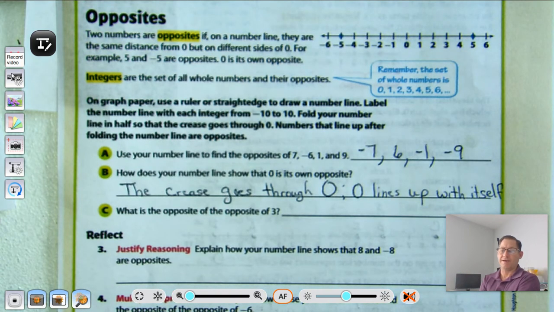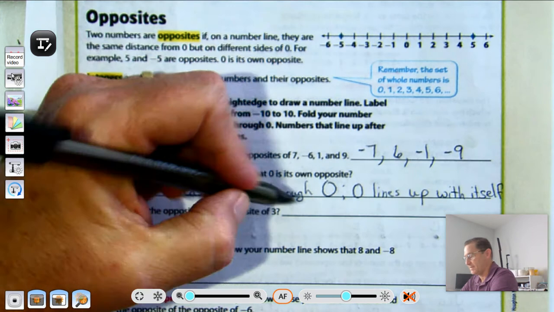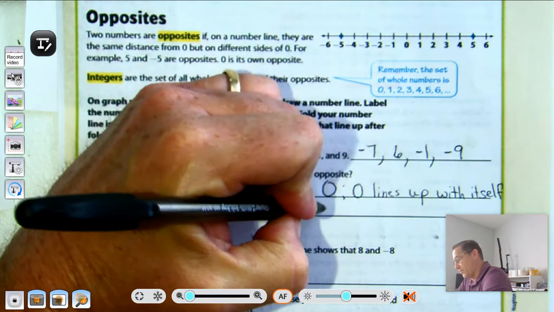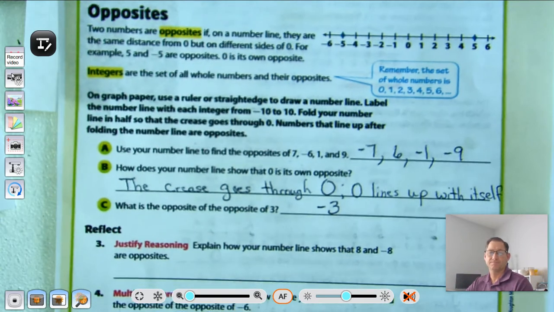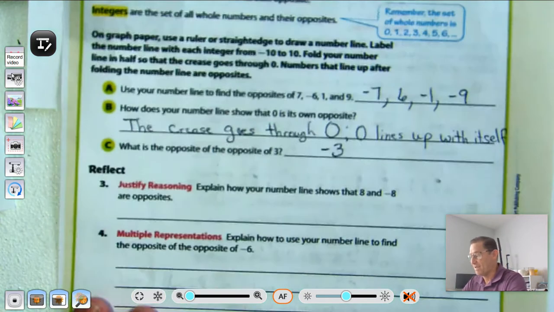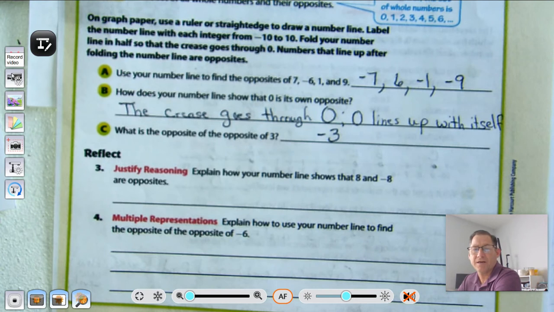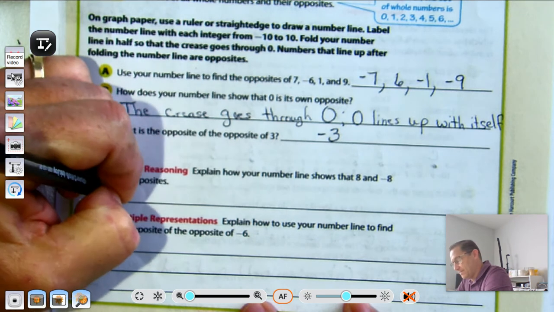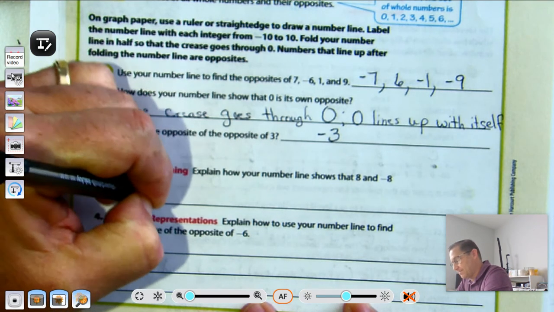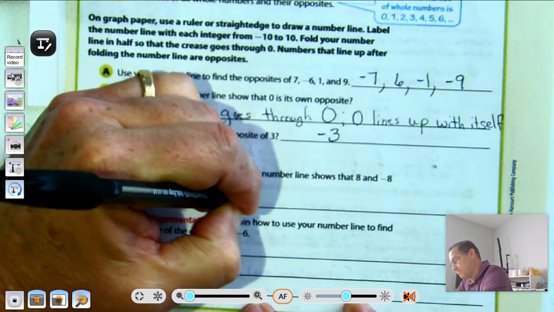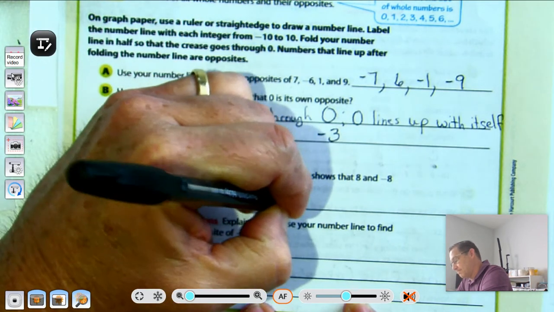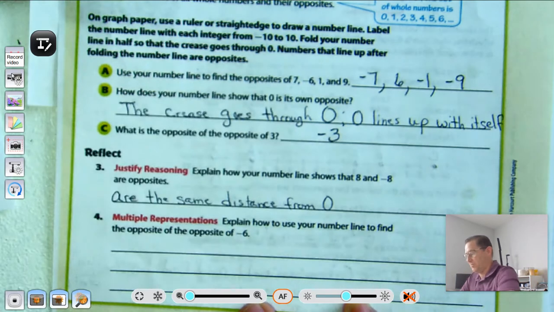What is the opposite of 3? Well, this is positive 3, so we know its opposite is 3, but with a negative. Simple as that, guys. Okay, so justify reasoning. Explain how your number line shows that 8 and negative 8 are opposites. Well, they're the same distance from 0.